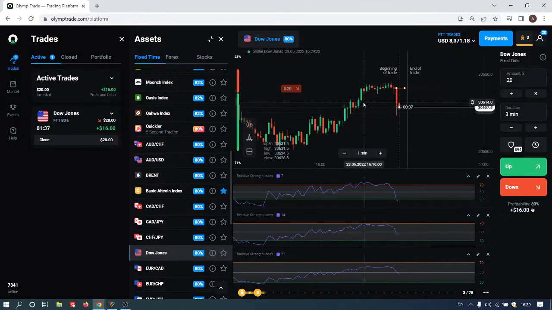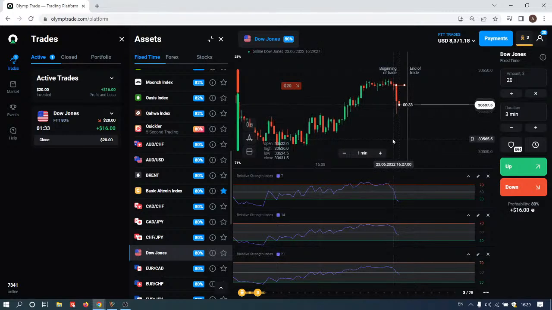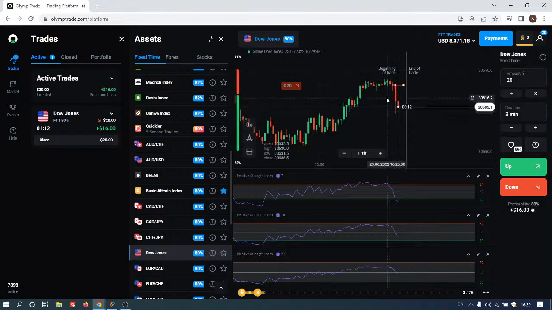So this indicator, the RSI indicator, helps us identify the so-called overbought or oversold areas, and when two of these RSIs, or even better, all three of them, enter the oversold or overbought area simultaneously, that's when we need to open a trade in the opposite direction. So we are trading here, and the price can go down here.